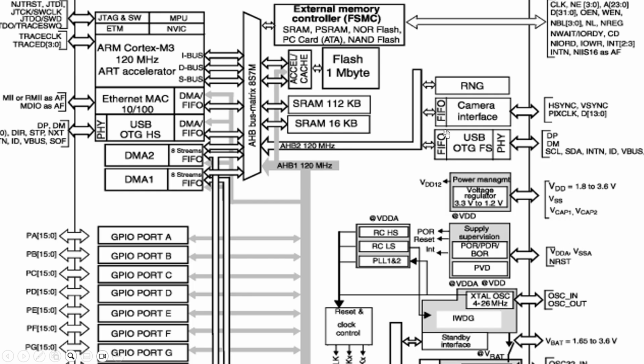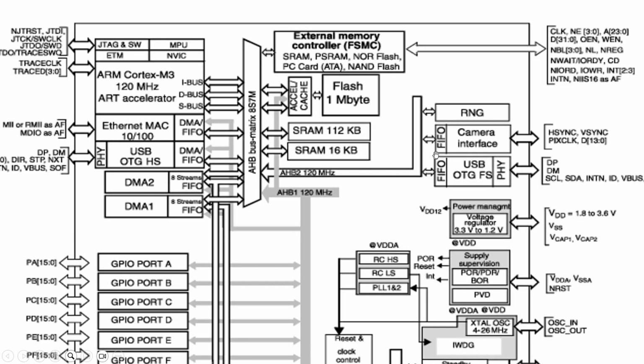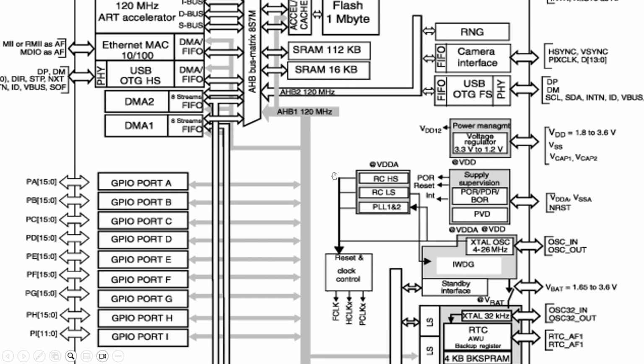What are the peripherals connected on the AHB2 bus? Camera interface, RNG. These are the peripherals which are communicating with the processor with the help of the AHB2 bus, and the frequency of the AHB2 bus is 120 megahertz.